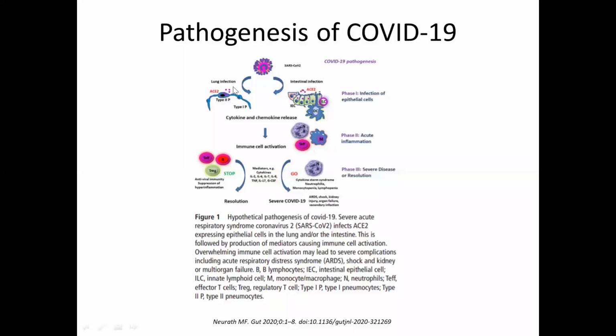Basically, when it attaches to the ACE2 receptors in the GI, it causes infection in these epithelial surfaces. There is release of cytokines and chemokines, immune activation, which follows a very acute inflammatory process. Now, the disease may be severe if you elaborate a lot of these cytokines, and we see the damage principally caused in the lung in patients who elaborate these inflammatory mediators.